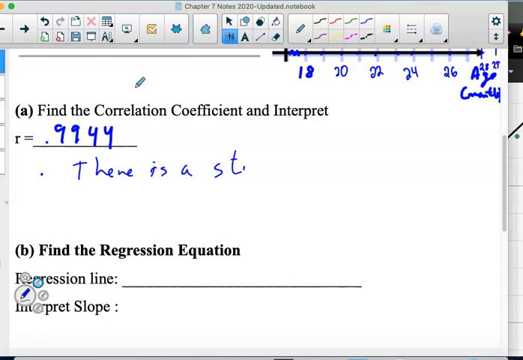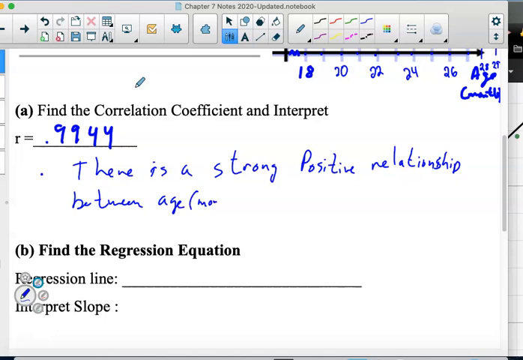strong positive, because it's a positive 0.99, relationship between age, I'm going to put in months, and height.